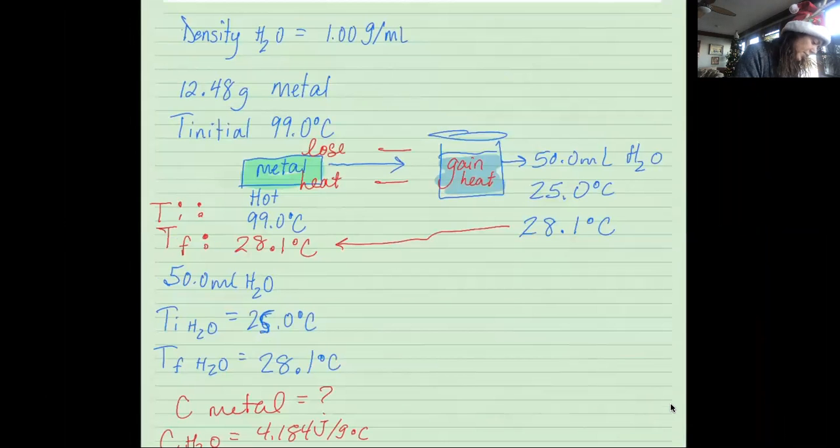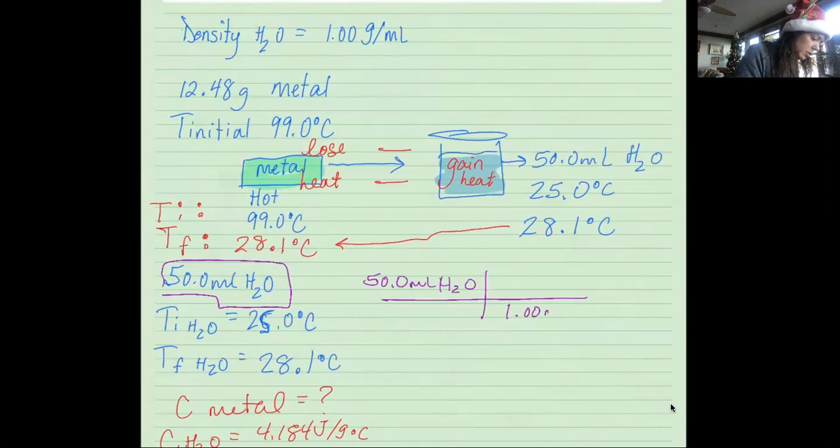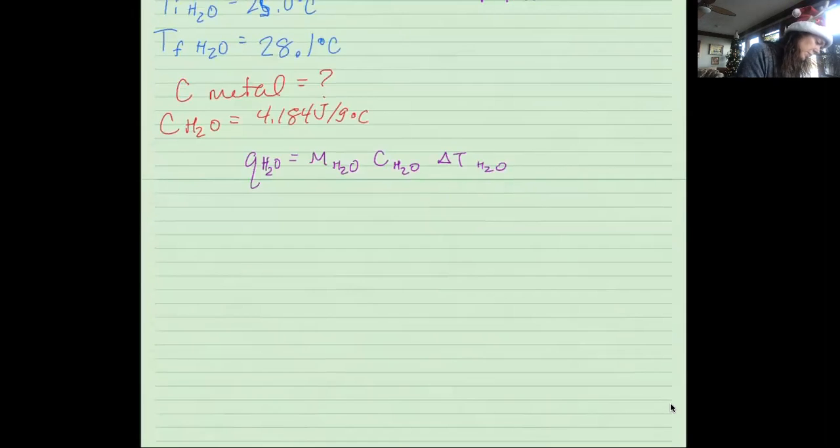Let's look up here. I have 50 milliliters of water. And I know the density of water, every 1 milliliter is 1.00 grams. Therefore, I have 50 grams of water. So in my specific heat equation, the heat gained by the water is equal to the fact that I had 50 grams of water.